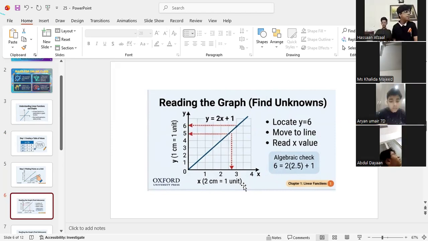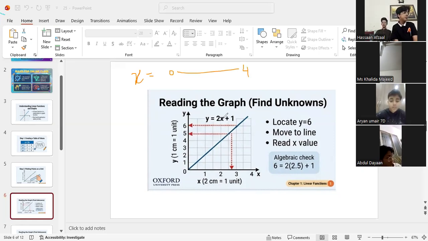Draw the graph of the function y equals 2x plus 1 for values of x from 0 to 4. The question is very simple. You can take any value from 0 to 4 for x.